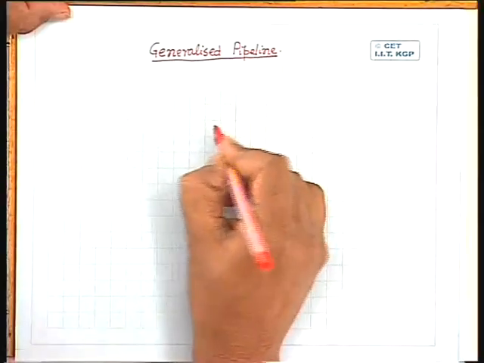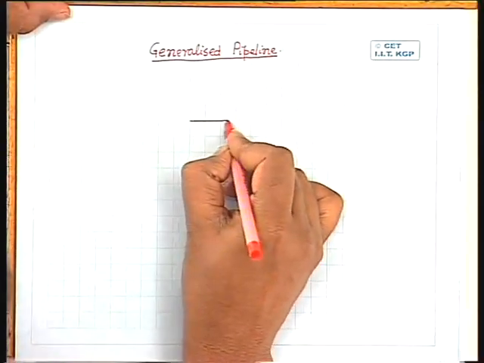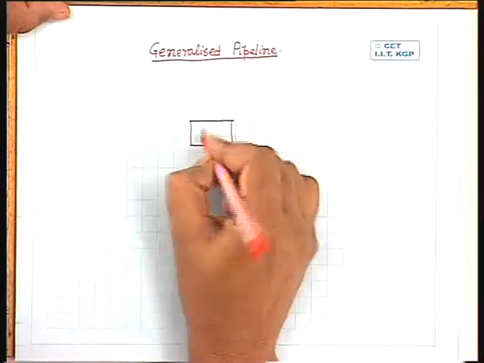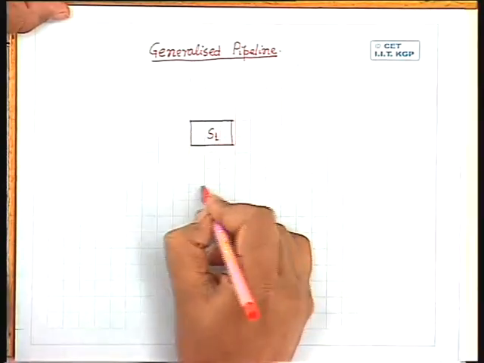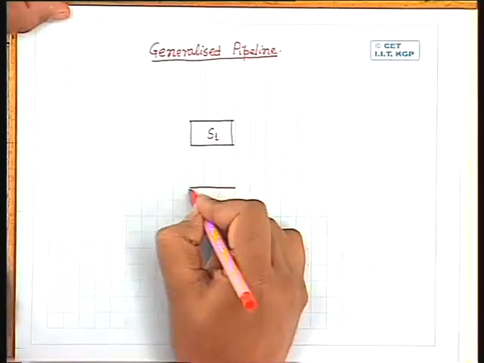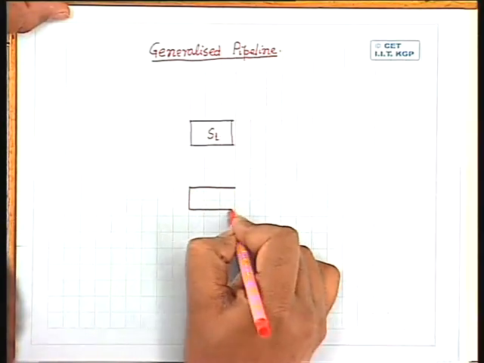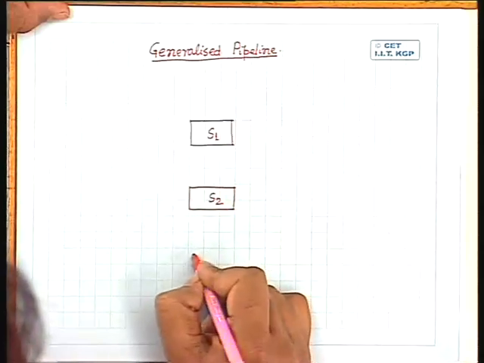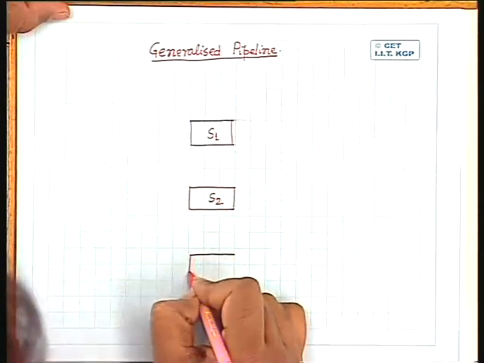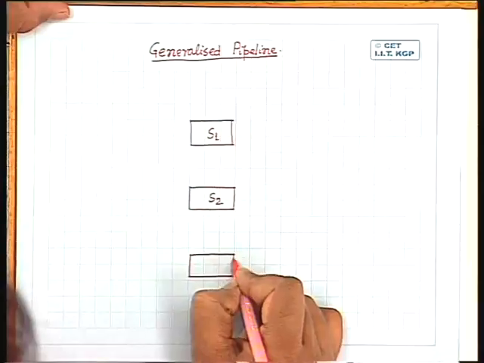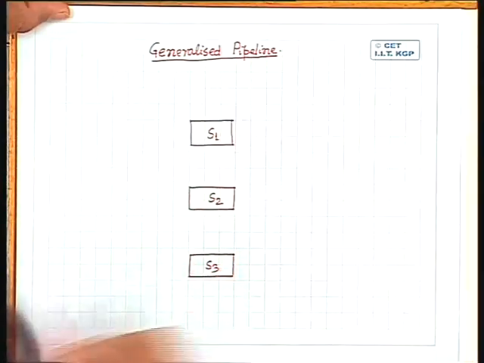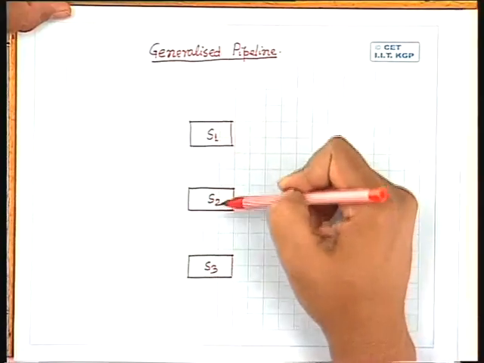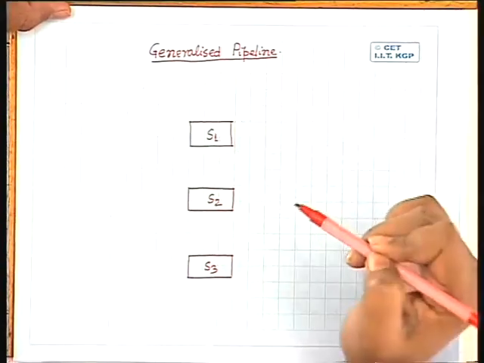Suppose we have a 3-stage pipeline: S1, S2 and S3. If it is a linear pipeline, data will always move from S1 to S2, S2 to S3, and finally you get the output.